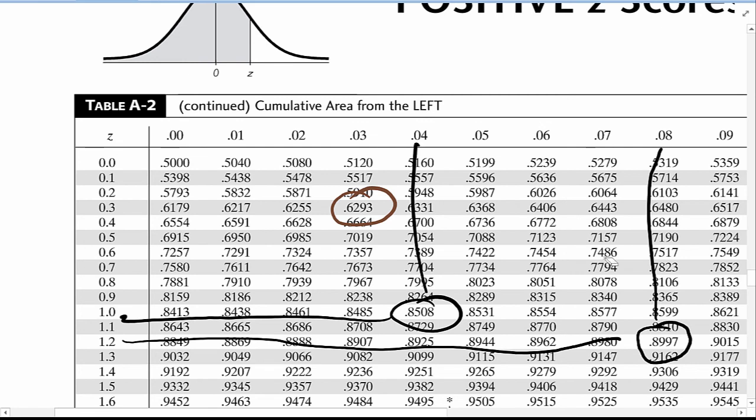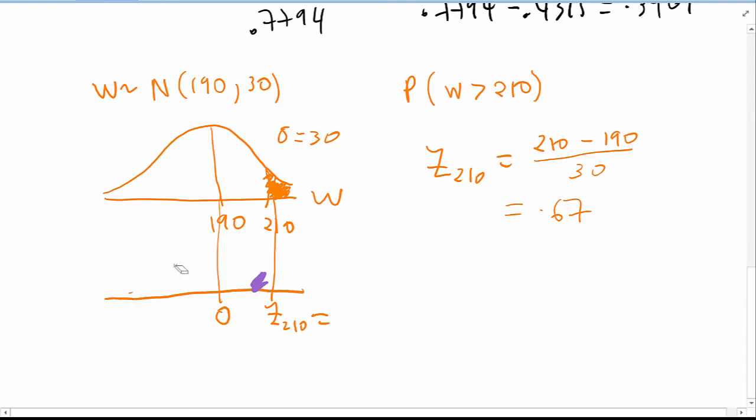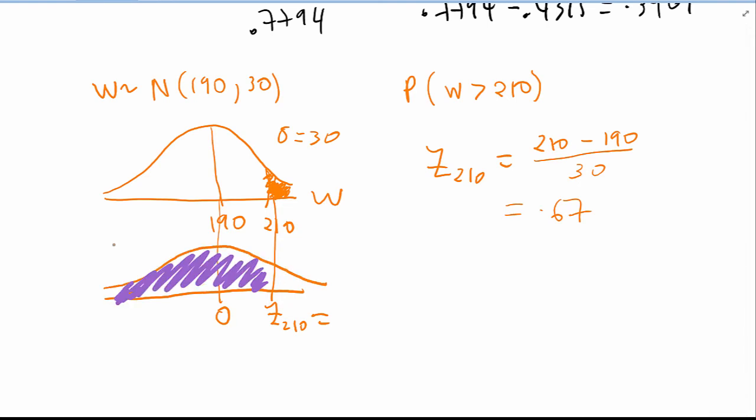0.67, that's 7486. All right, so this area is 7486, but that's not the area that we want.